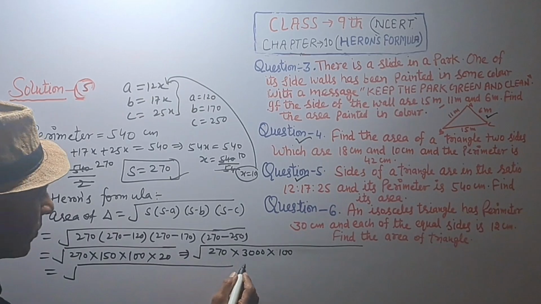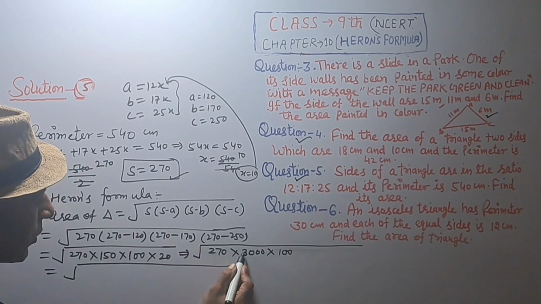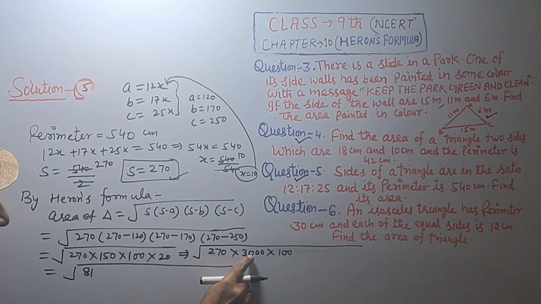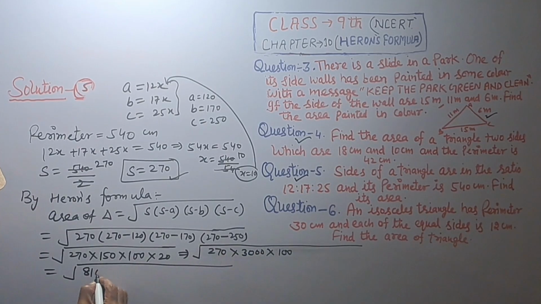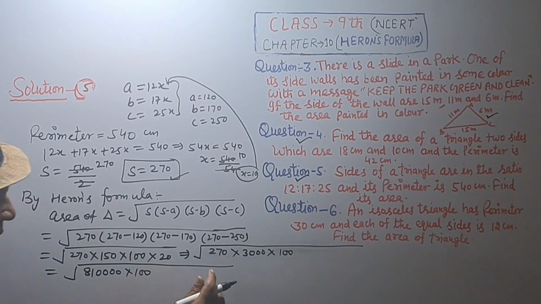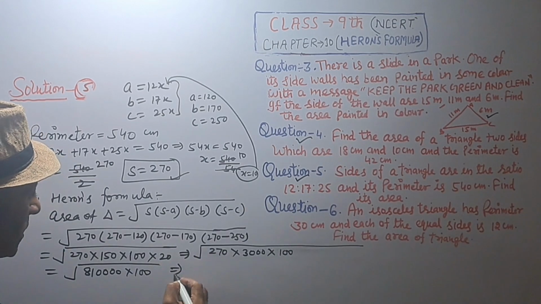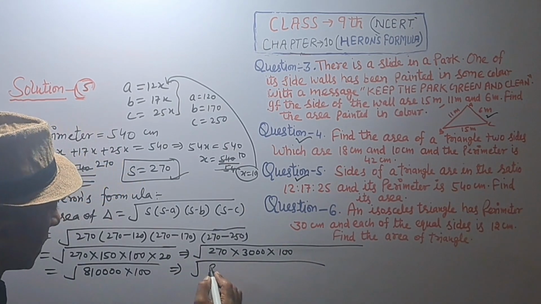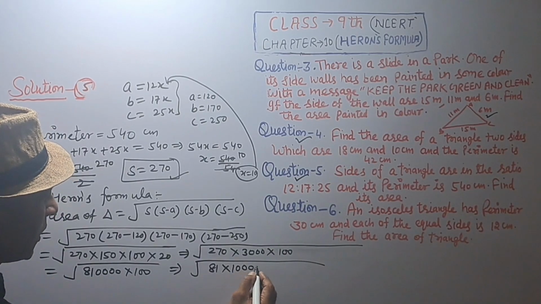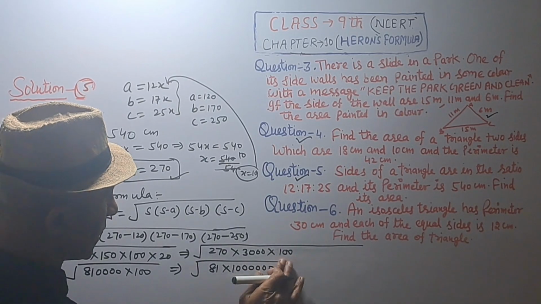That is equal to 27 multiplied by 3 is equal to 81, and then the remaining zeros, which implies under root of 81 into the remaining zeros.